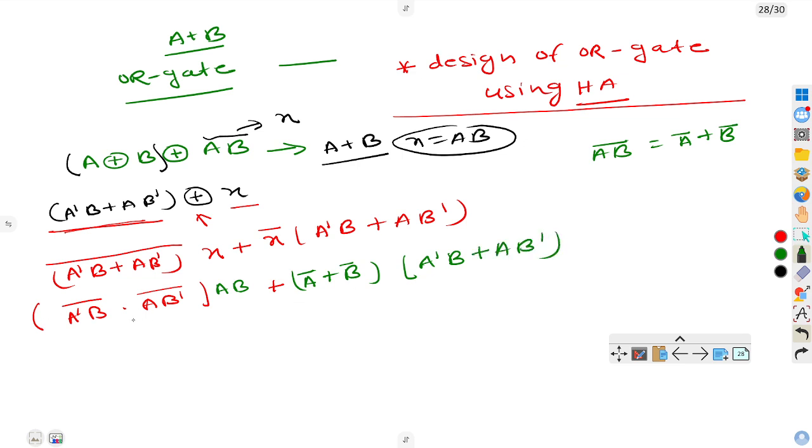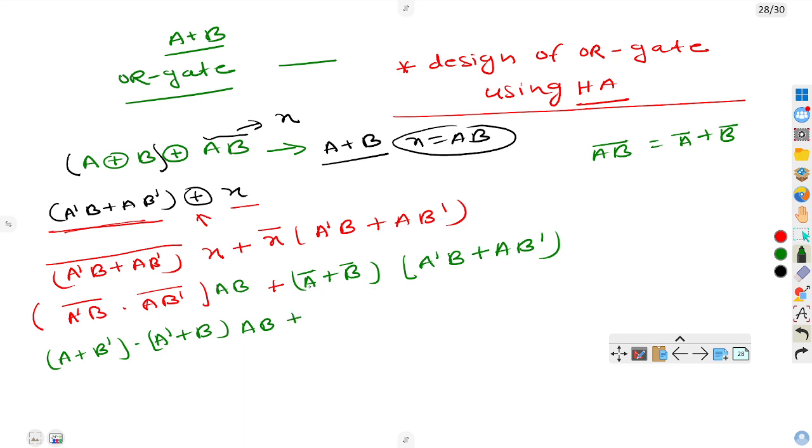Okay, so here you just need to apply the Boolean law only. So here A plus B bar, A bar plus B, and A bar and complement meaning is the same. And this is AB plus.